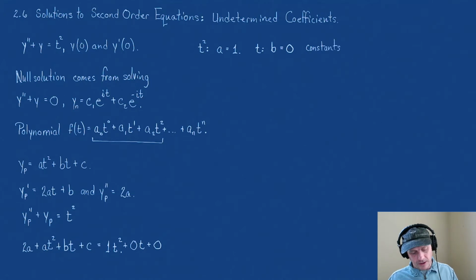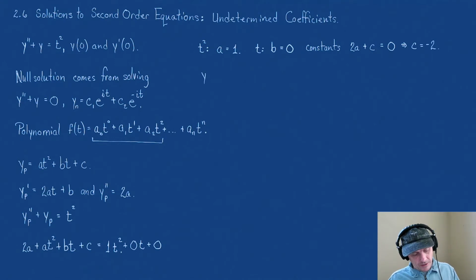On the left-hand side, I have a 2a and a c. And what else do we know? We know that those have to add to 0. So if we solve this, we know that a is 1. So this would tell us then that c has to equal -2. And there we have it.